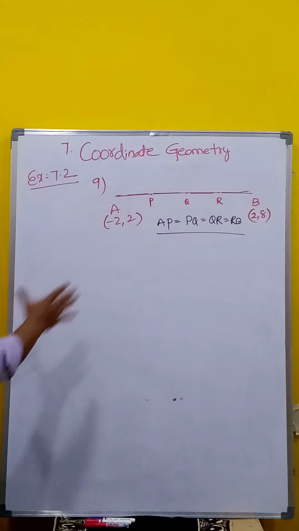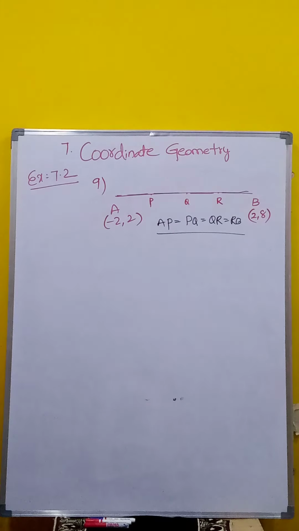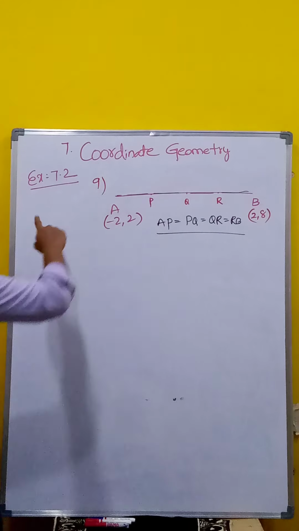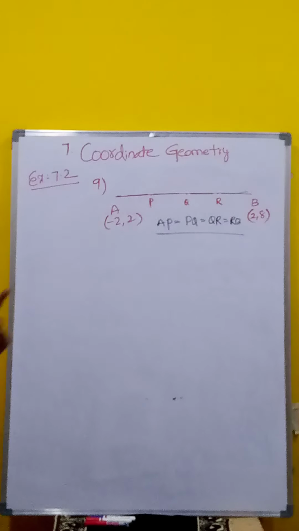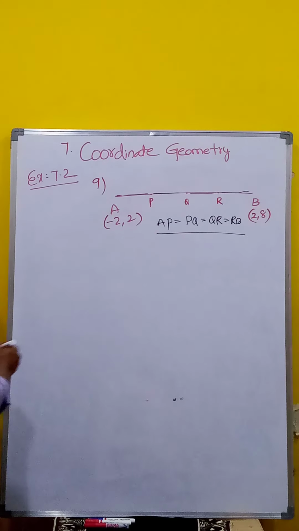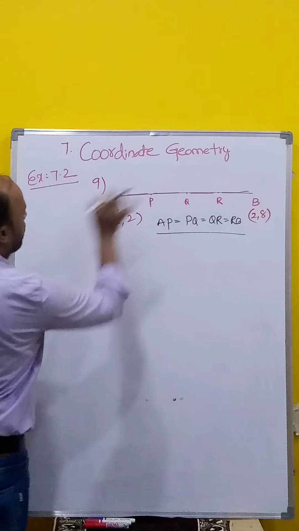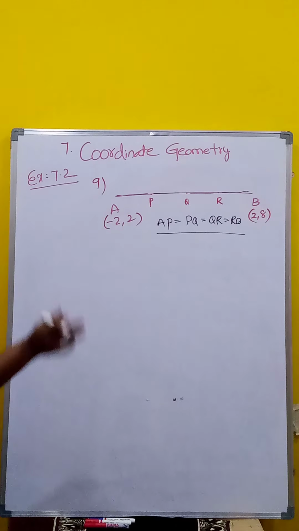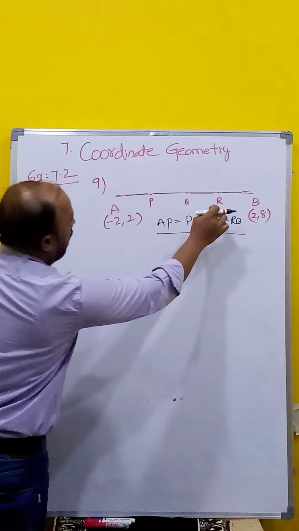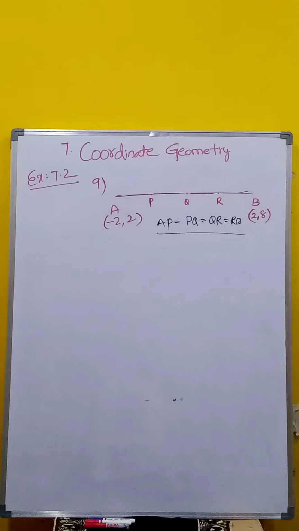Now, according to the situation, Q is the midpoint of which one? Q is the midpoint of line segment AB. First we have to find Q values. Clear? Then P is the midpoint of AQ, and the third one, R is the midpoint of QB. Finally what do we have to use in this?